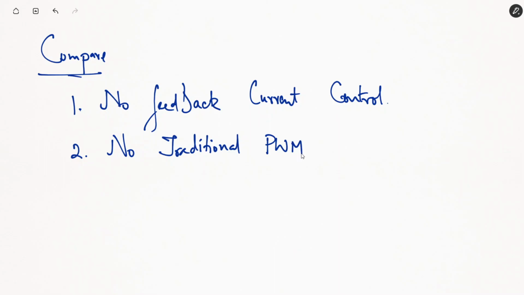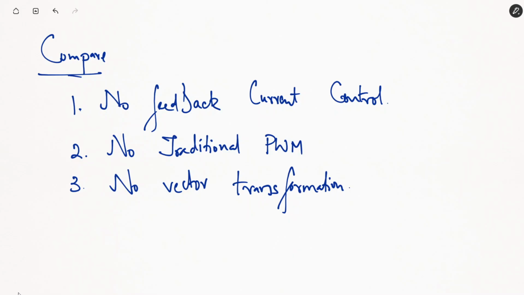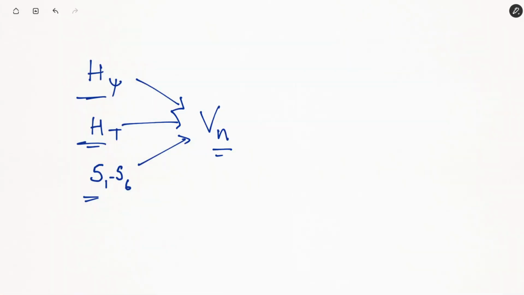We do not use the traditional PWM strategies. We are using the modern space vector pulse width modulation strategy, which consists of 8 switching logics, not just 6. Vector transformation is not necessary. That means ABC to DQ transformation is not necessary.